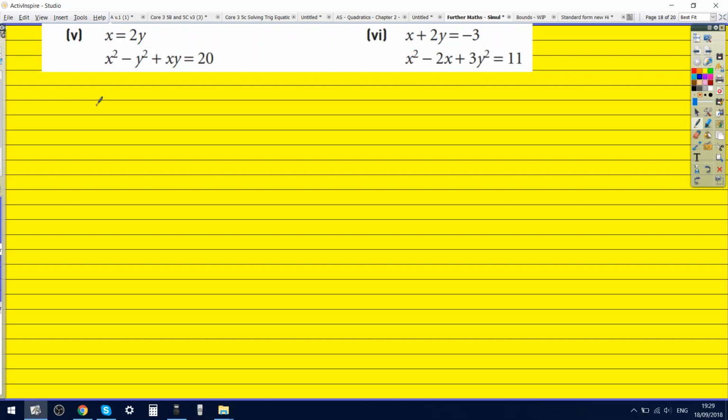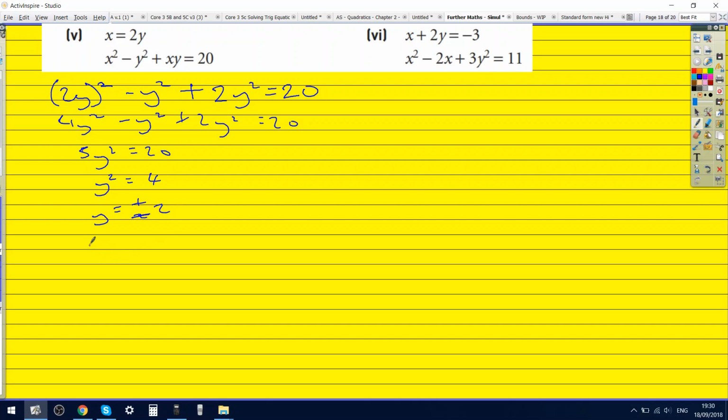So 2y in a bracket squared minus y squared plus 2y squared is 20. 4y squared minus y squared plus 2y squared is 20. 5y squared is 20. Y squared is 4. Then y is 2. Y is plus or minus 2. Well done. Yeah. So x is 2y.